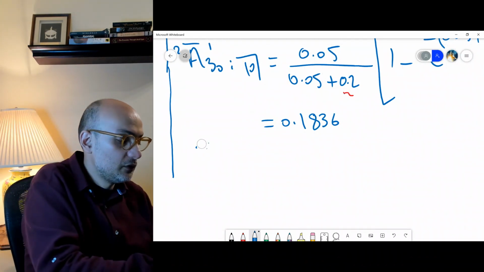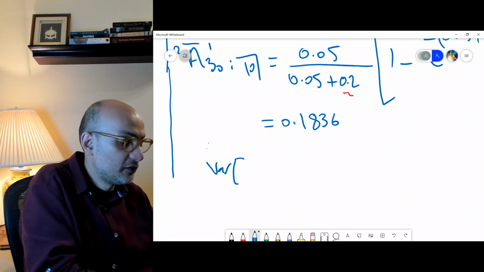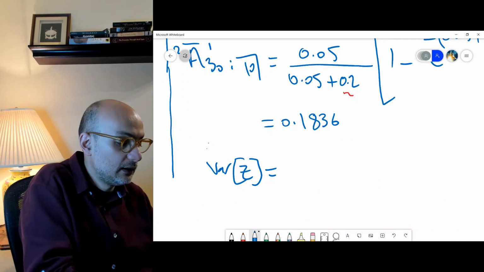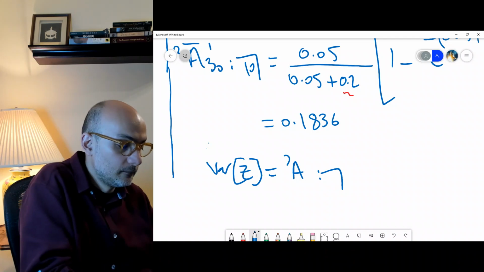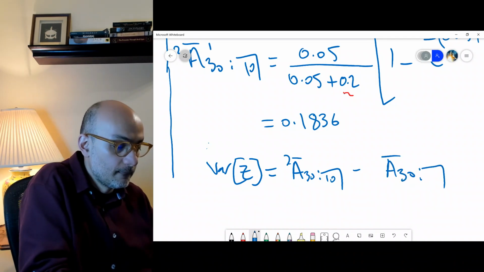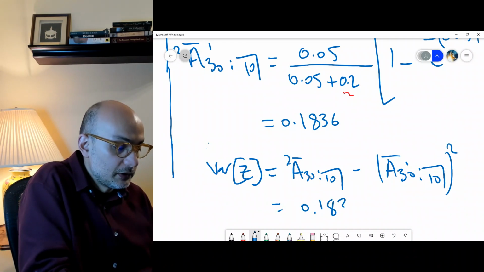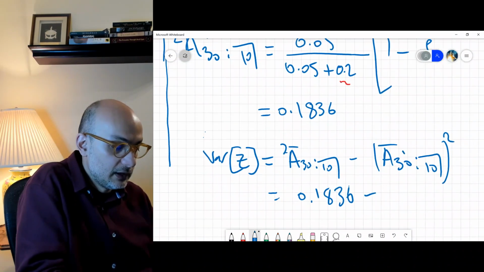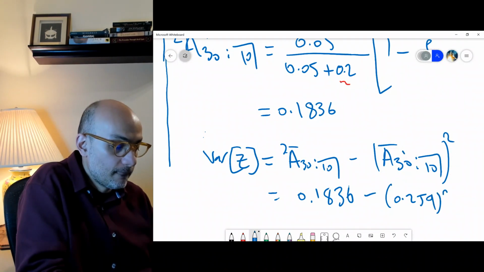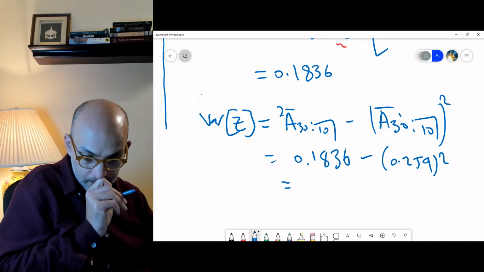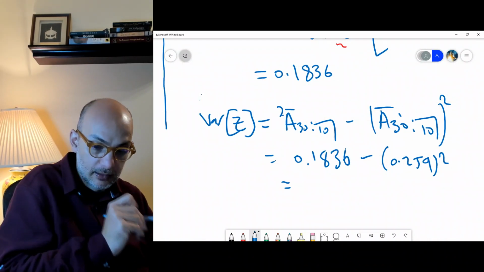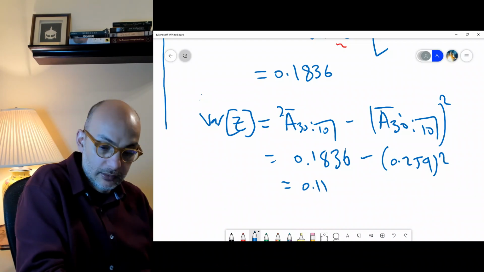So now if you calculate, the variance of Z will be the second moment, 2A, sorry, and this, we already calculated it, minus 0.259 squared, and what I got is 0.1165.